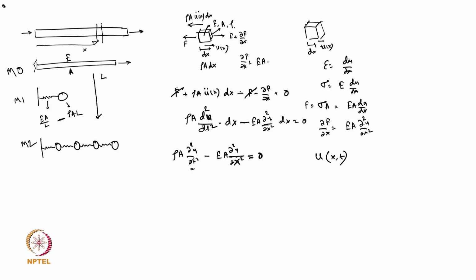The first one is d2u dt2 and the second one is d2u dx2. So in both cases it is a second order derivative, one with respect to time, and the other with respect to space. So in both cases we will have two initial conditions and two boundary conditions that are required. Otherwise we cannot solve the equation of motion.